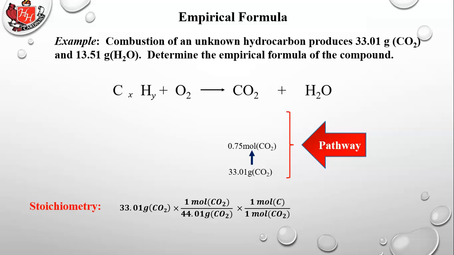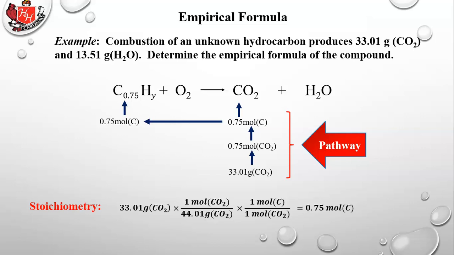So if you do the calculation, that gives you 0.75 moles of carbon. And all of that carbon could have only come from one place, and that's from over here from our hydrocarbon. That means we started off with 0.75 moles of carbon. So that is going to take the place of X and be our subscript.